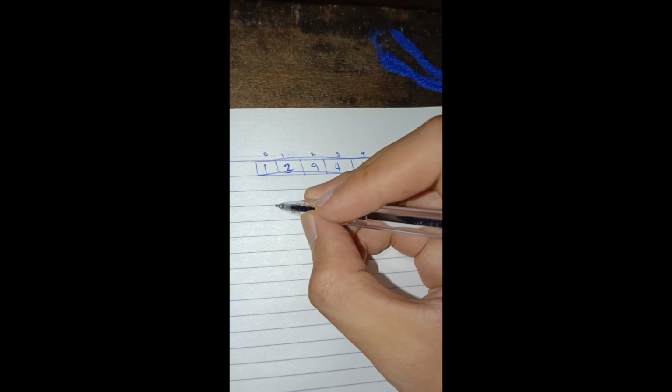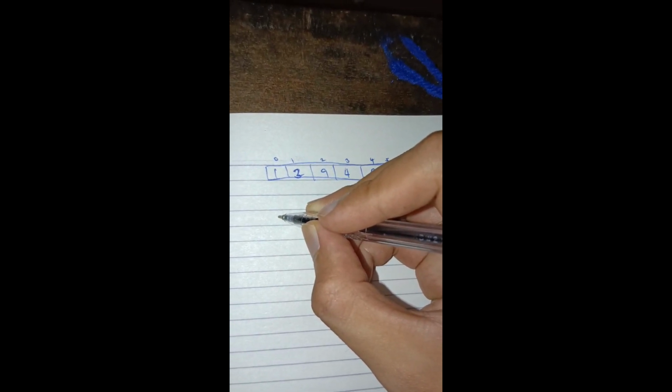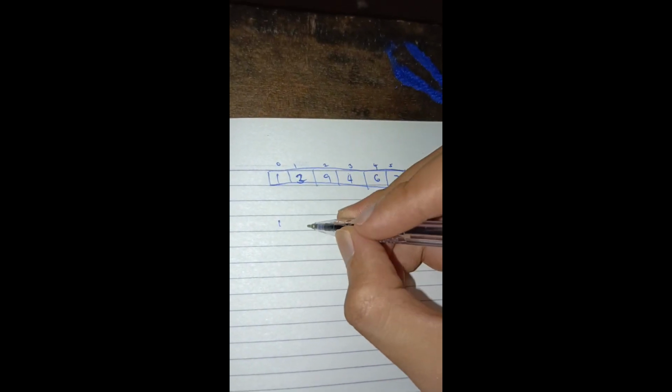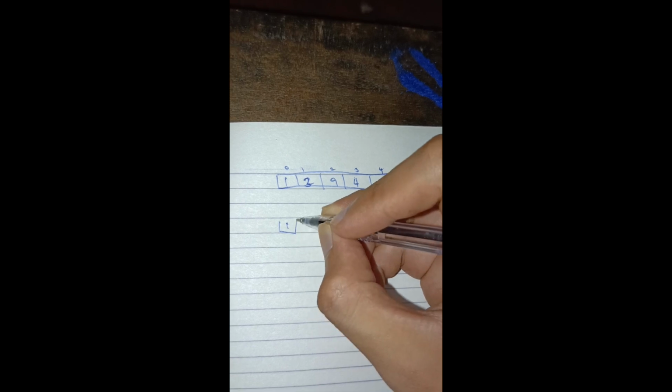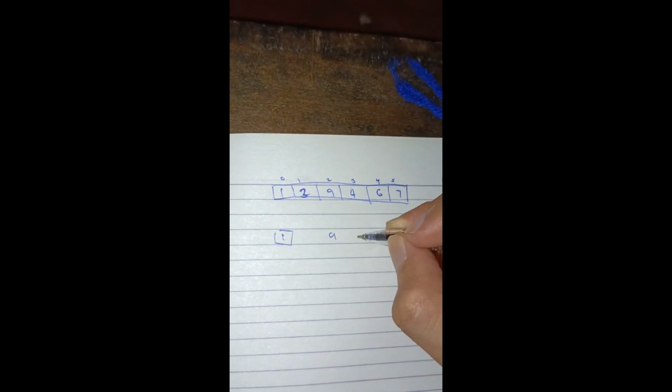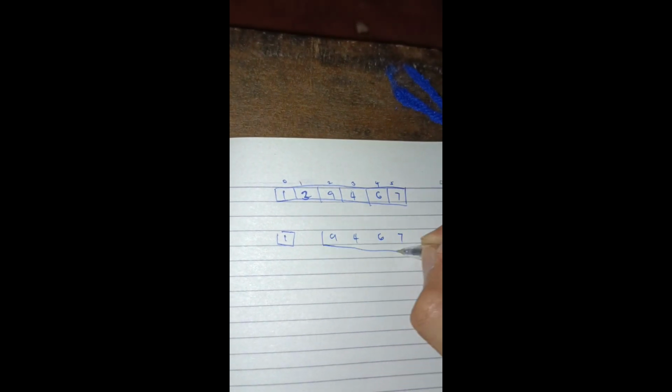Now that we have this array, we can recursively sort the left and right of our pivot. So this is one array of 1, and then 9, 4, 6, and 7.